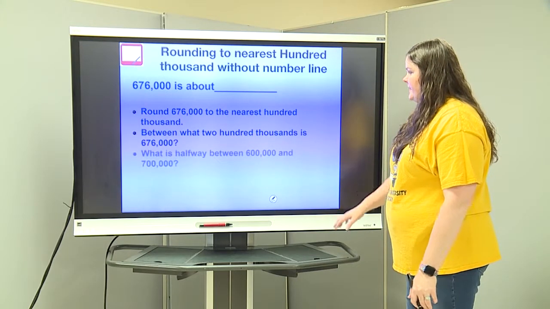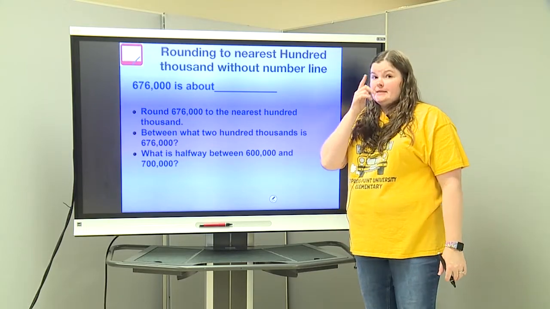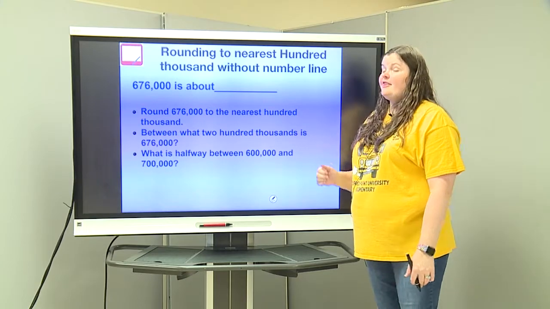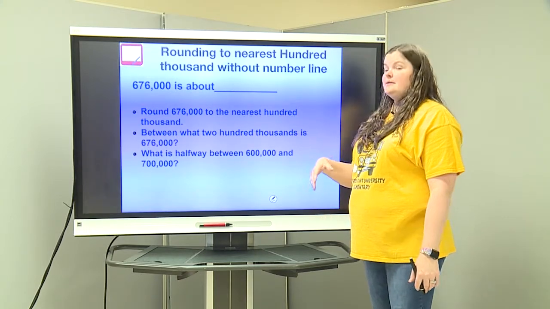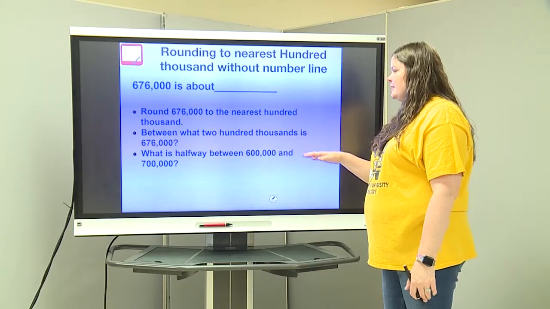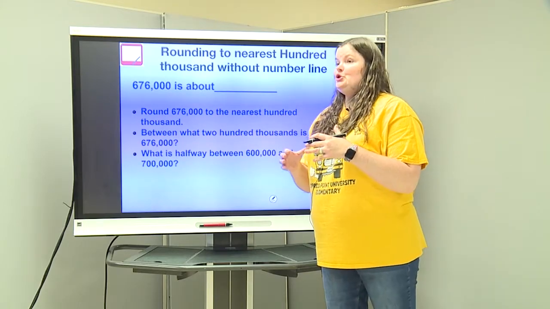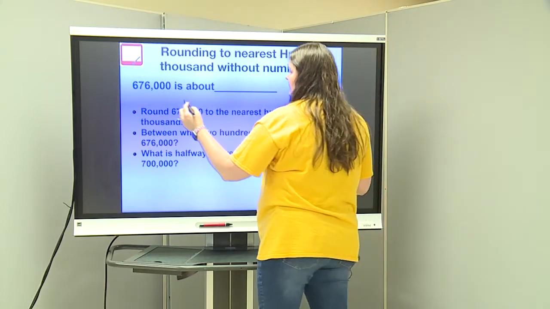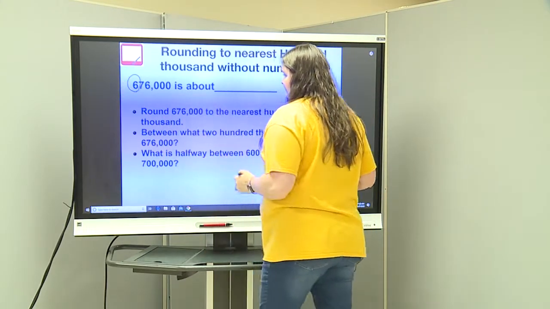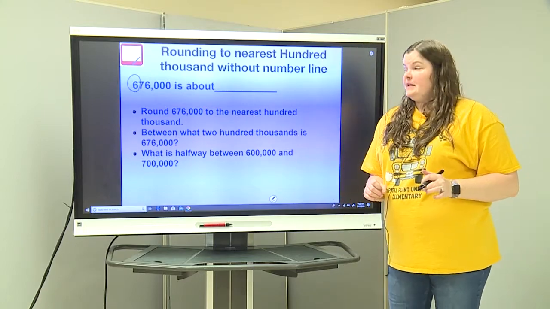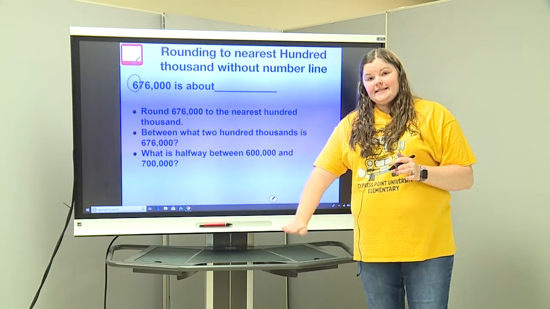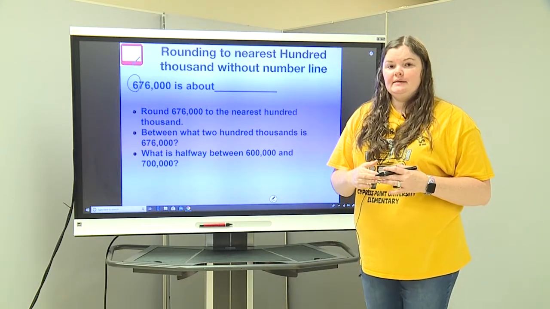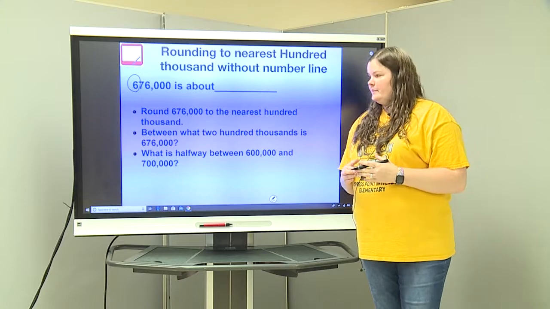Okay, let's think about these. Next, we're going to be doing the 100,000s place. 676,000 is about blank. So what's in the 100,000s place in this number? We've got the 6. So my bottom 100,000 would be 600,000, and my top would be 700,000. I need to figure out what my midpoint would be.